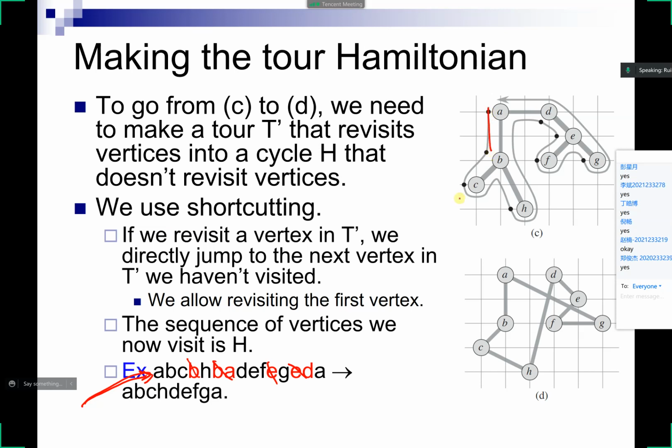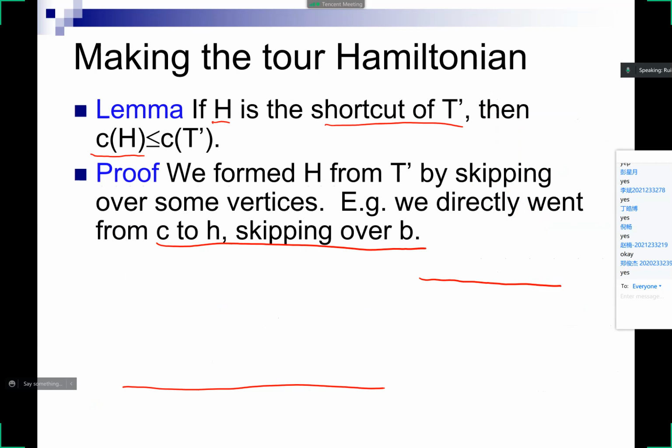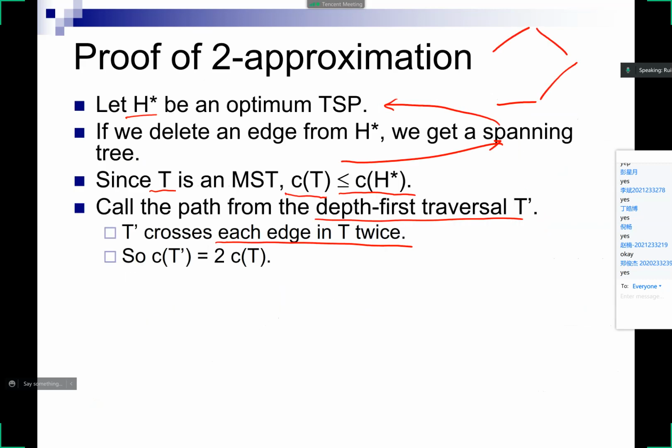We go down here, and then we reuse the CB edge, and likewise the BH edge and the AB edge and so on. So every edge gets used exactly twice in the depth-first traversal. That means when you do this DFS and get T prime, the cost of T prime is exactly 2 times the cost of the MST, because you traverse every edge twice.